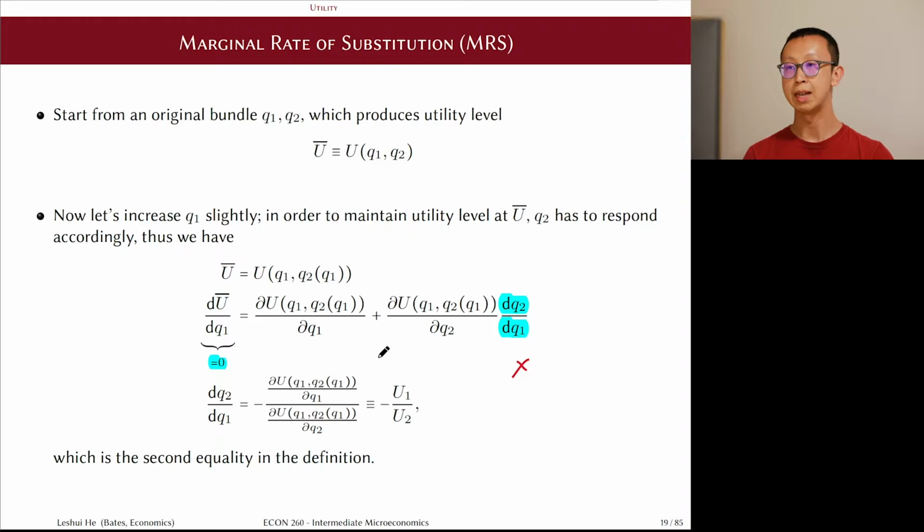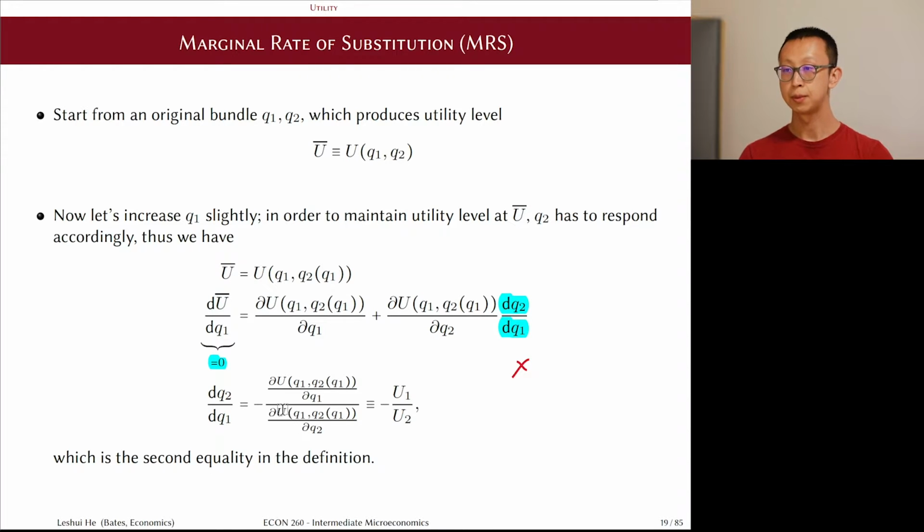But now, notice that this expression is just marginal utility of good 1, and this expression is simply the marginal utility of good 2. So we can simply subtract this amount on both sides of this equation, and then divide by this quantity, and then we're all set.